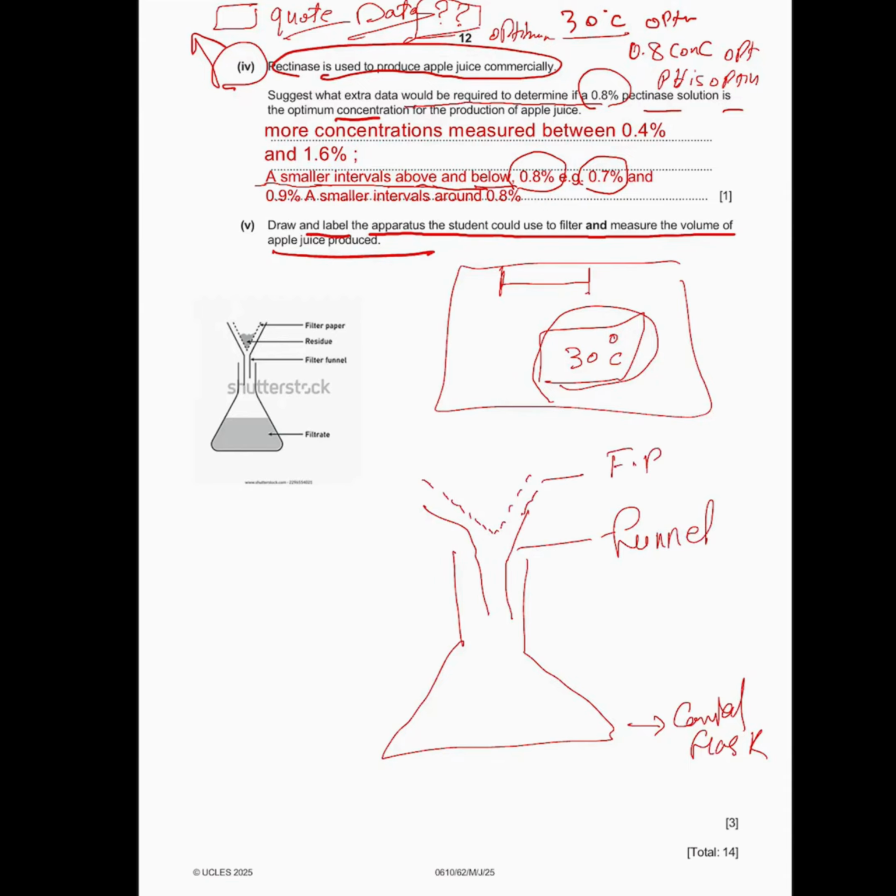Then you add the juice here, and here you say this is the filtrate. The mark scheme said that you also can draw the graduated cylinder. Draw and label. So here, 3 marks.